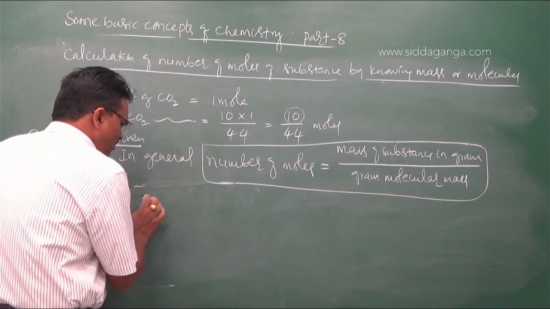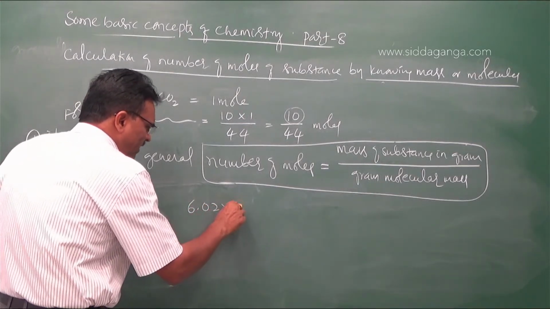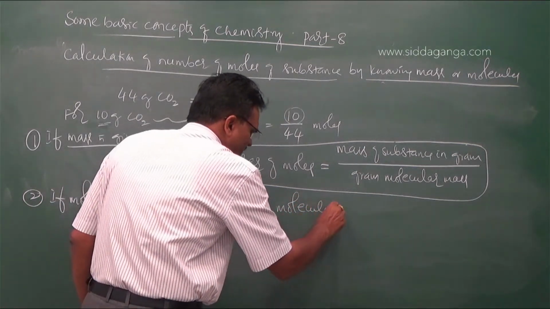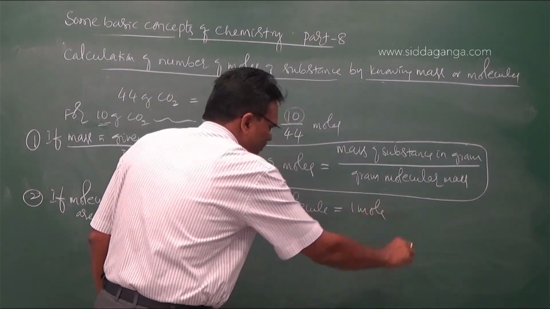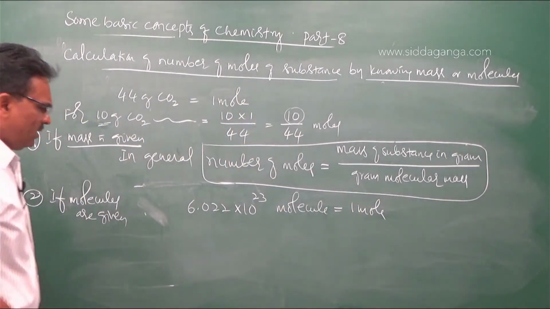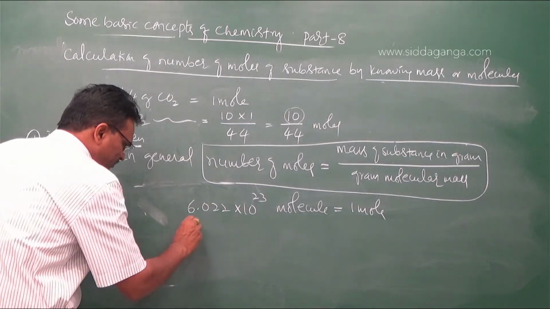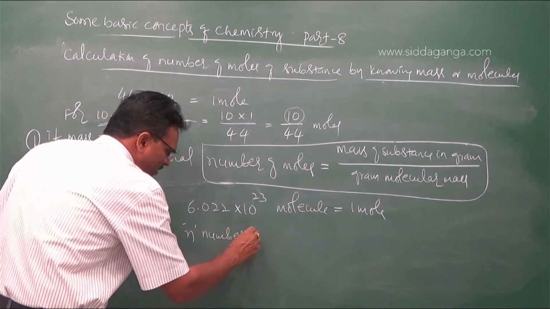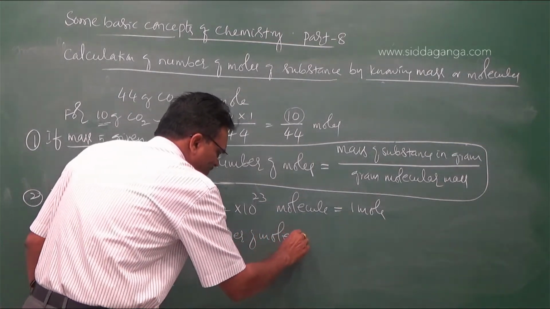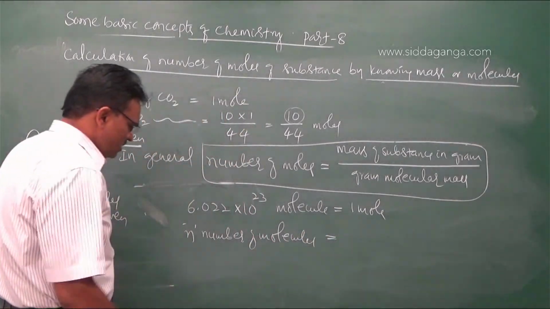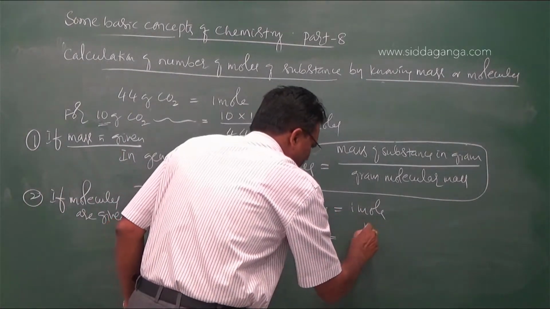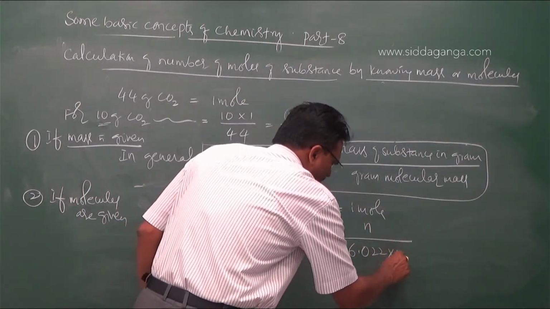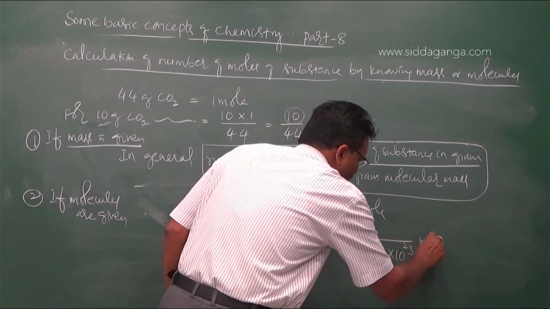So Avogadro number, 6.022 into 10 to the power of 23 molecules, is equal to 1 mole. N number of molecules is equal to N into 1 divided by Avogadro number, 6.022 into 10 to the power of 23 moles.